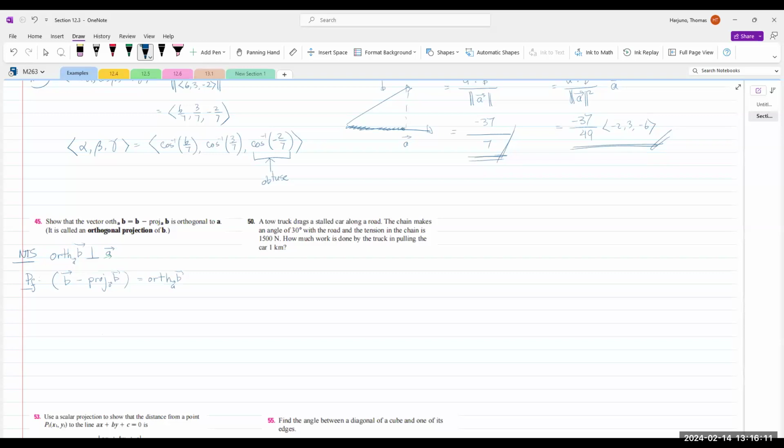Now do the dot product. The dot product of B minus projection of B onto A, dot that with vector A. We want to show that this equals 0.